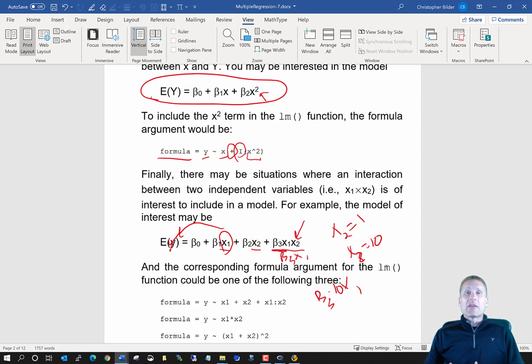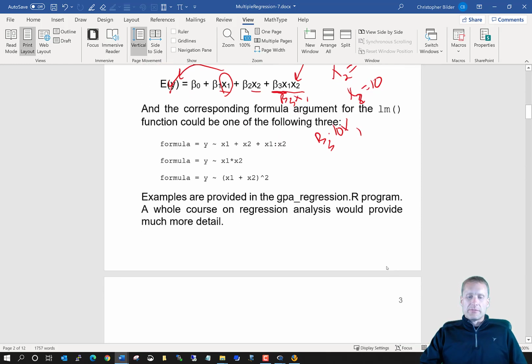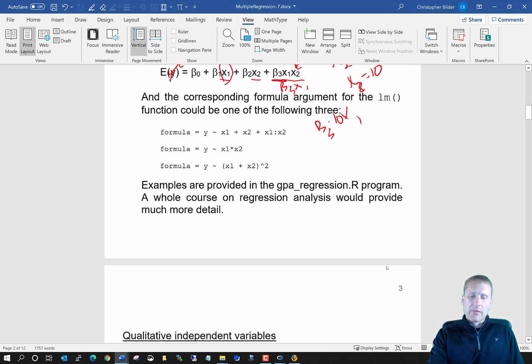Similarly, how x2 affects the expected value of y is dependent upon what level you're at for x1. And so that's what an interaction model looks like. How do I tell R that I want an interaction model, or a model with an interaction? There are 3 different ways.